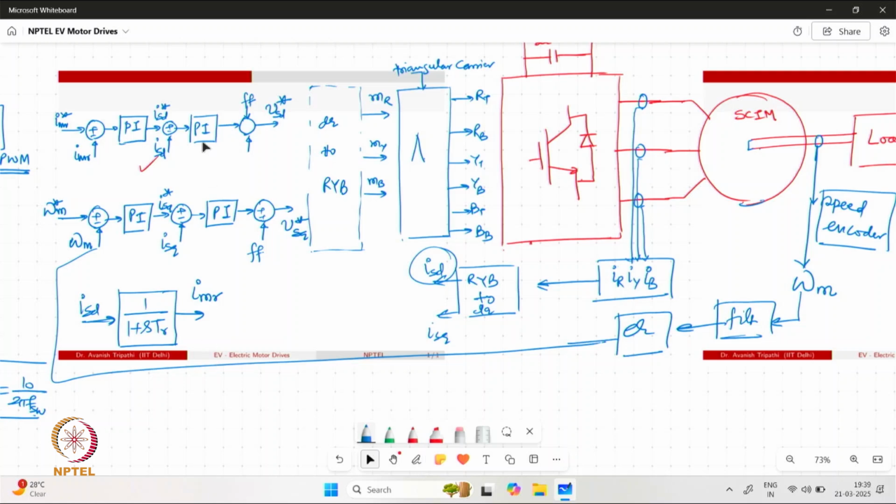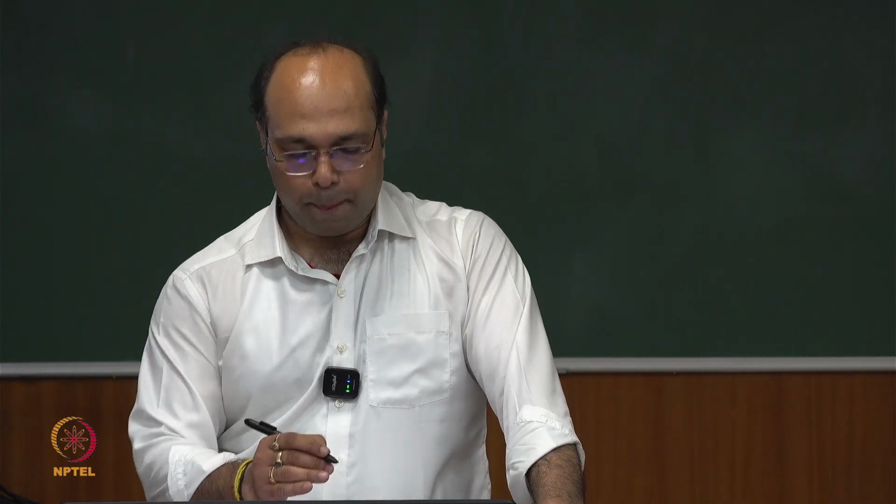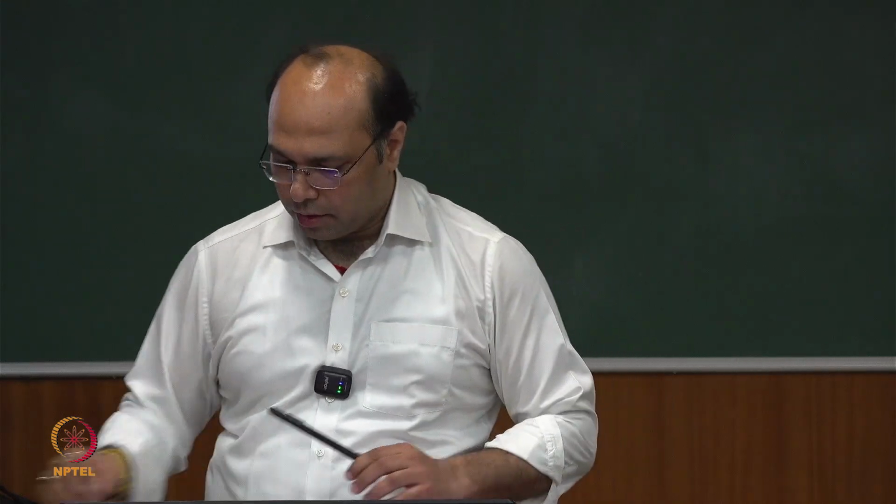This method, where we are having the speed sensor available for the system, is called sensored vector control. We are having the speed encoder or the sensor available in the system, which is essentially providing us the omega m value.